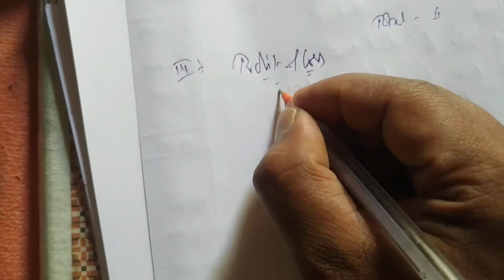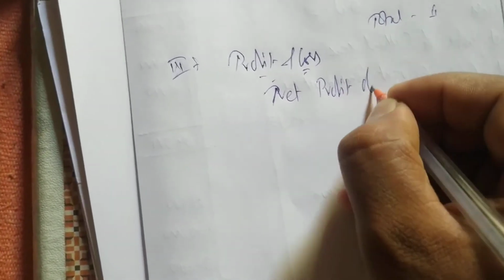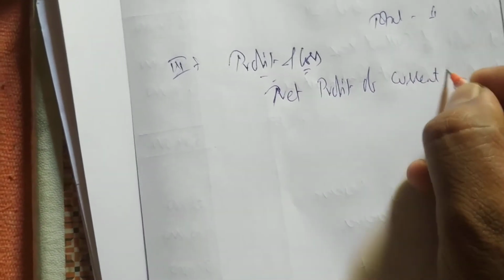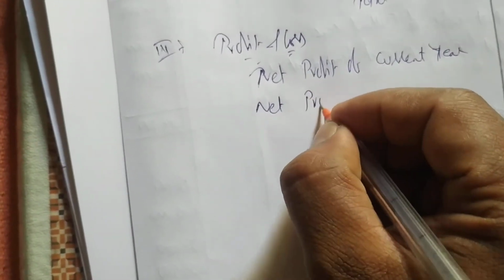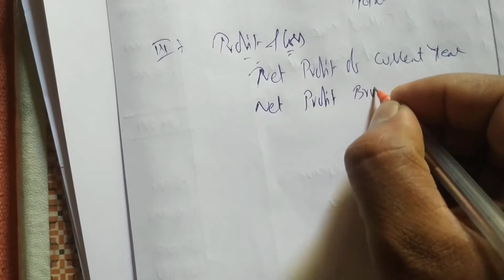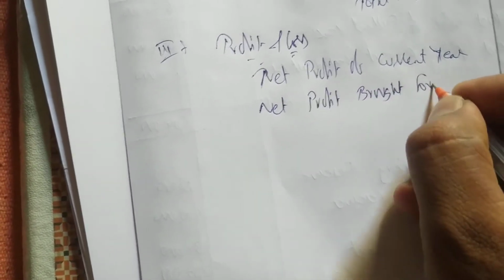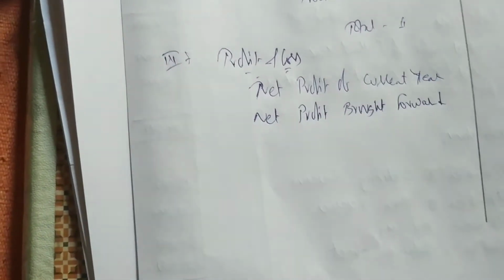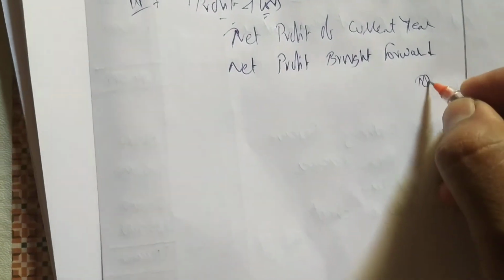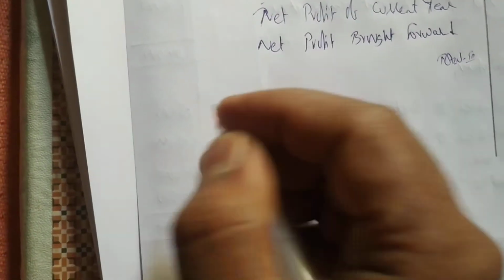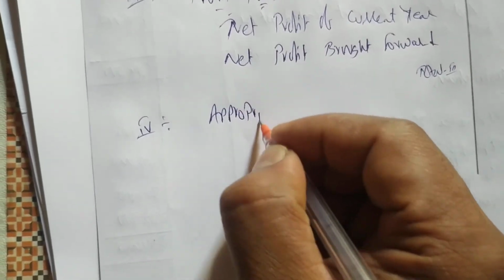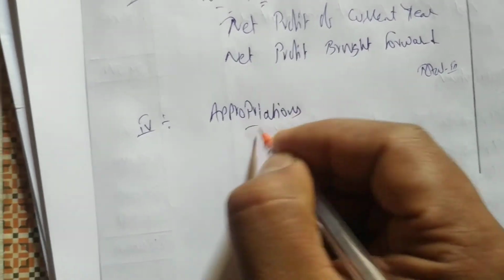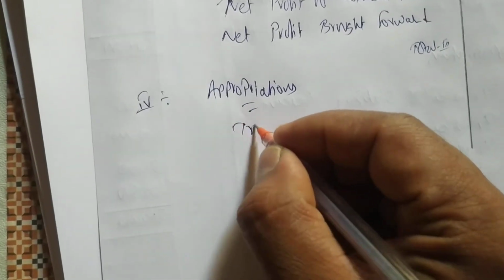Under this we'll write first profit, net profit of current year. Then we write net profit brought forward from last year, or you can write brought forward. Okay, it's last year only. Then we write total 3. Then we write Roman number 4. Here we have to write appropriations. So first we'll write transfer to statutory reserve.